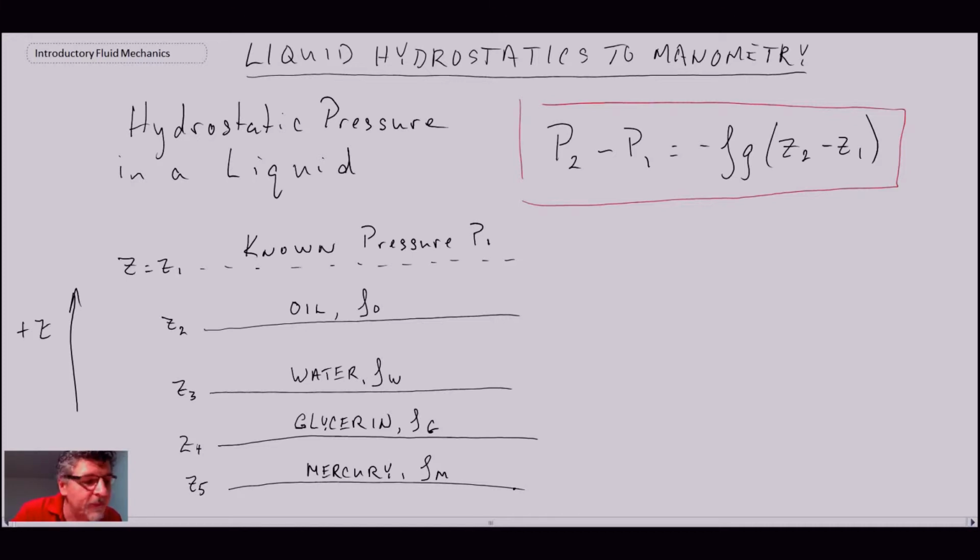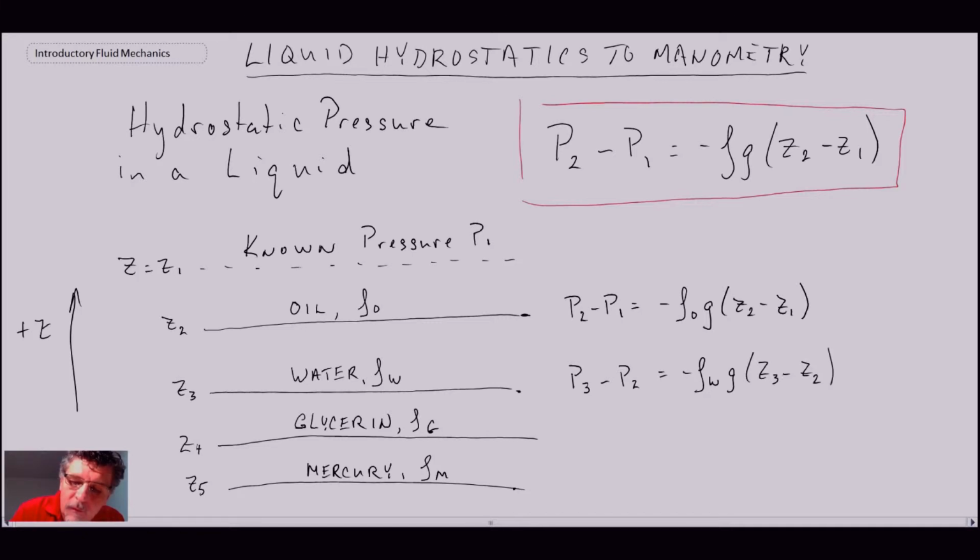So using our equation for the hydrostatic pressure distribution in a liquid, we can express the pressure at the interface between the water and the oil, and then at the next interfaces down.